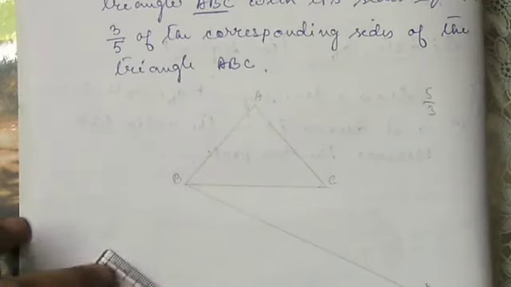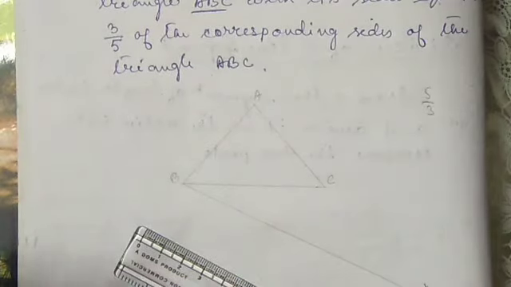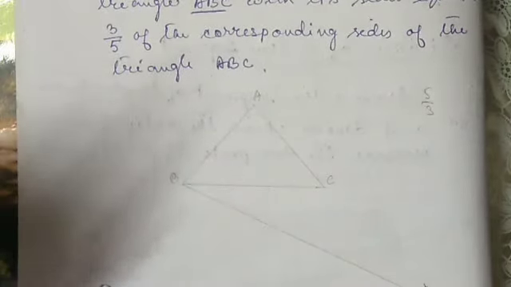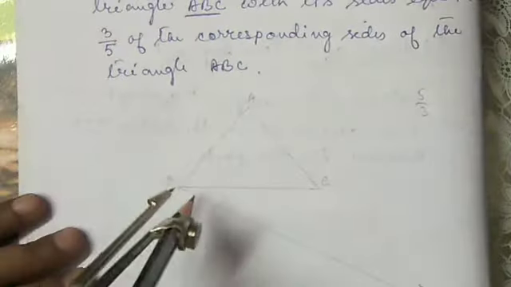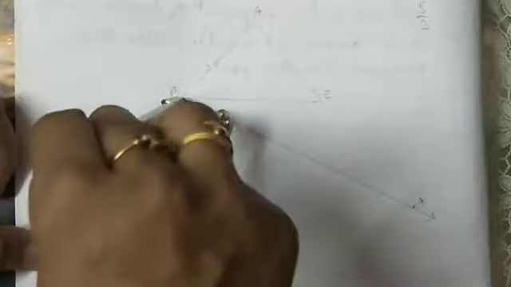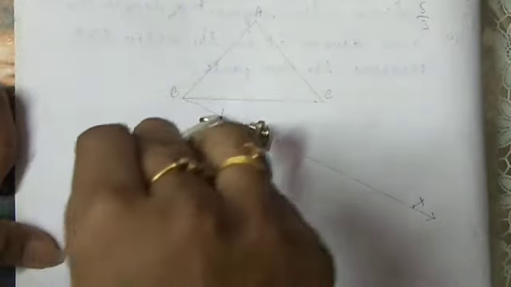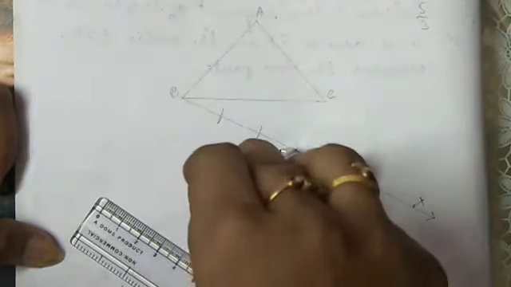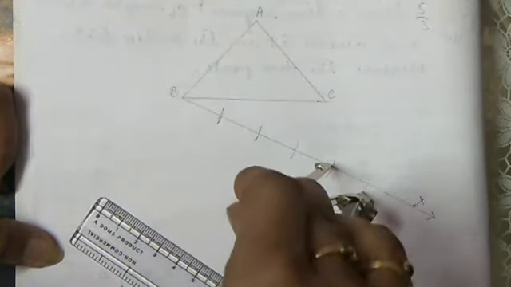So here this line will be cut by 5 equal parts. I am taking a little bigger. One, 2, 3, 4, 5.